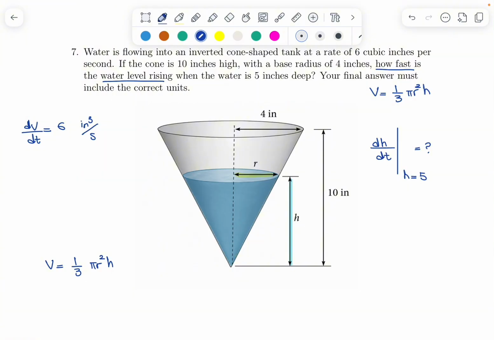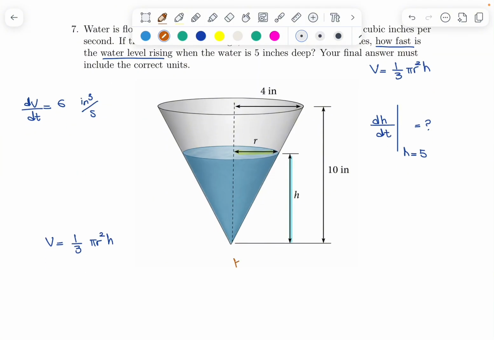Again, we need to know what is the known variable and what is the unknown variable. The known variable would be V, volume, because we know dV/dt. The unknown variable would be h, because we are going to find dh/dt. So we need to find the relationship between V and h.